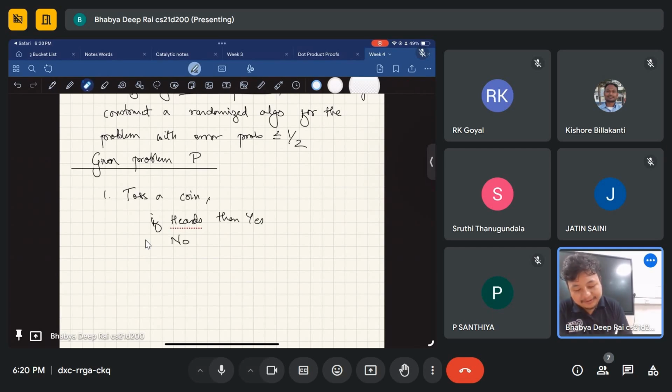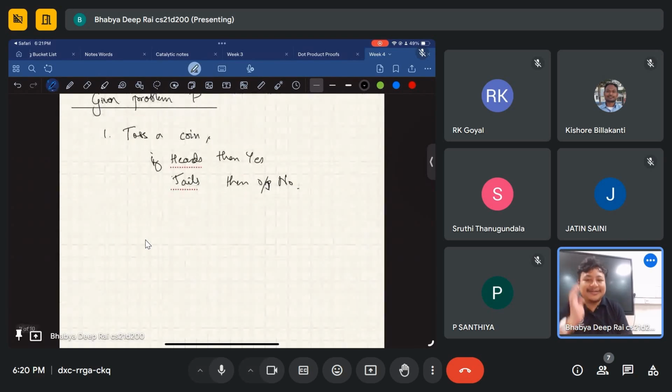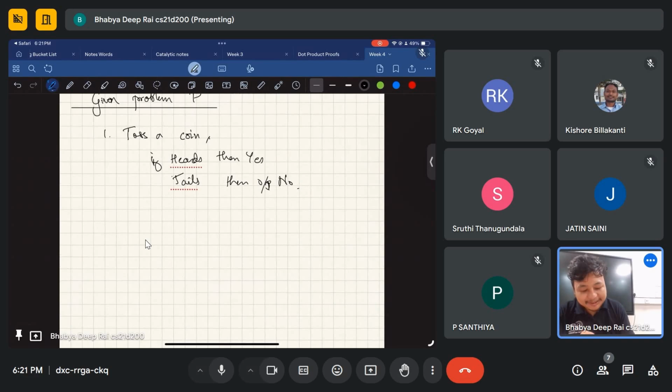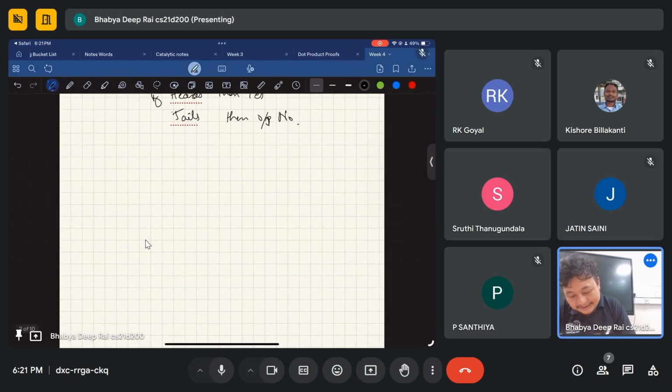If tails, then output no. That's it. This seems like cheating, but well, what is the probability? Let's say the problem is graph isomorphism.